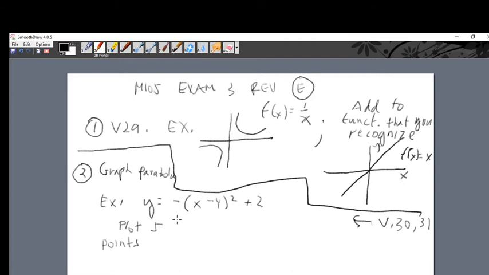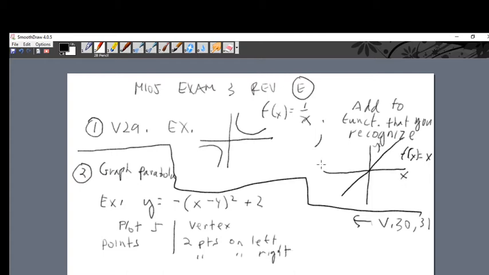They want the vertex. That's one, and then they want 2 points to its left, and 2 points on its right. So how do you handle these specific instructions? That's what I'm doing this for.